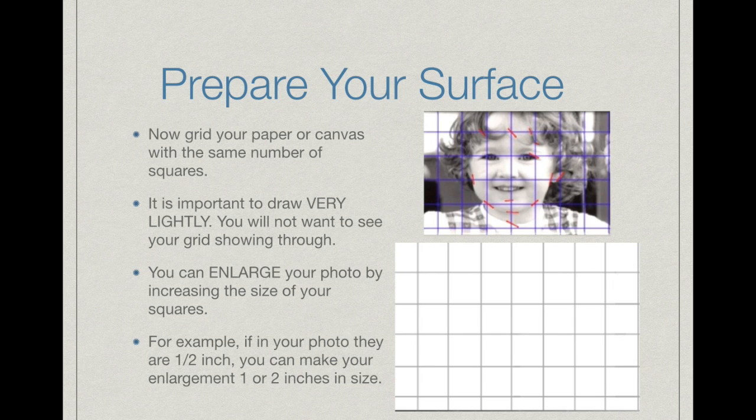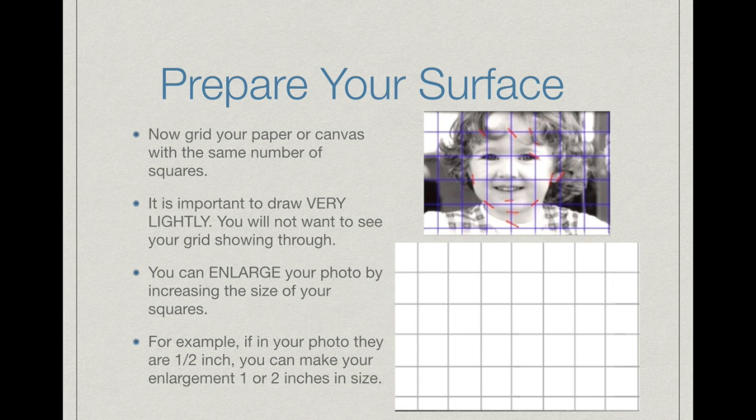So let's start at the top. Now grid your paper or canvas with the same number of squares. It's important to draw very lightly because you will not want to see your grid through your paint or your drawing necessarily. So keep that thought in the back of your mind.